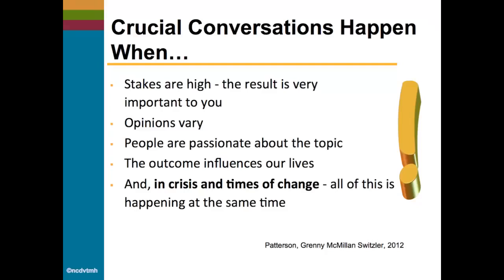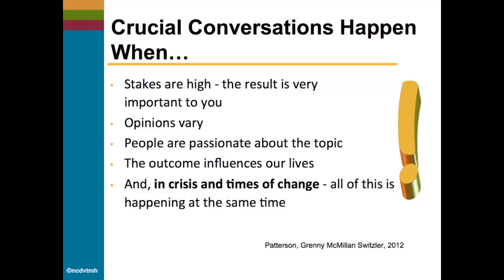And in crisis and in times of change, all of these things can be happening at the same time. So if I could go back to that slide that showed what's happening in our world, that's also happening in our work. It's also impacting us as individuals and impacting our families. So we are in crisis, and we are also in a great time of change.